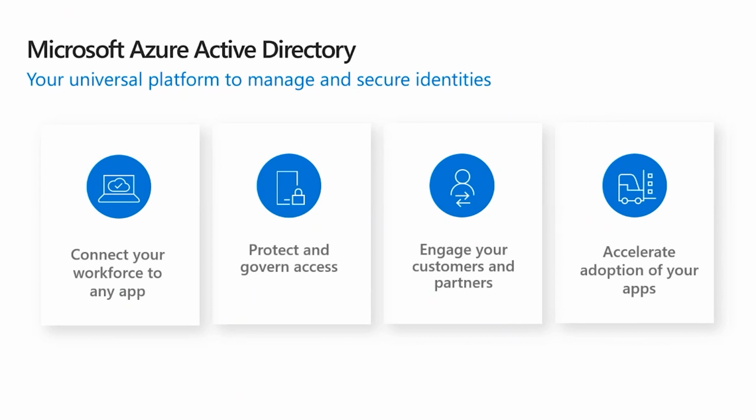But protecting and governing access is actually more than that. We could be talking here about, for example, access reviews, how frequently you can enforce reviews to confirm that certain users still require access to apps, and you can involve reviewers in that decision, for example, the managers.